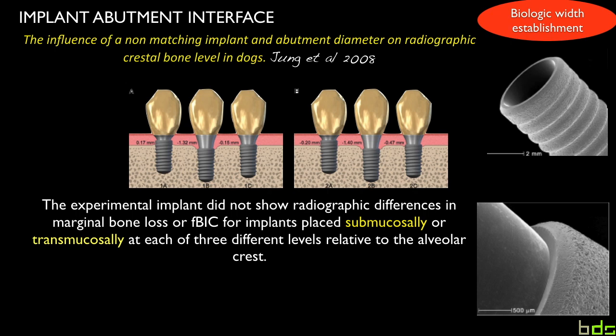You had implants placed equicrestally, ones that are placed subcrestally, and ones that are placed supracrestally. So he found out that the experimental implants did not show radiographic differences in marginal bone loss placed submucosally or transmucosally.